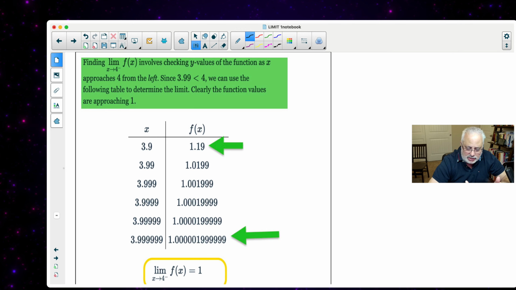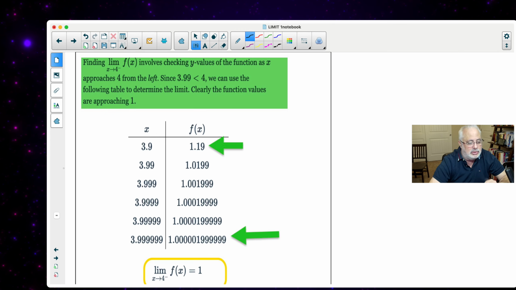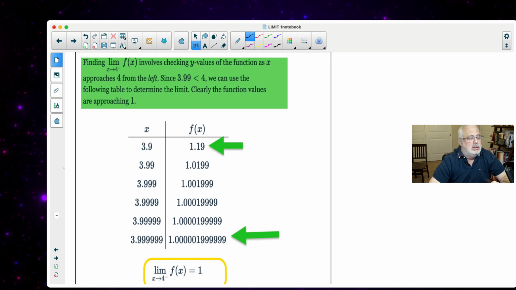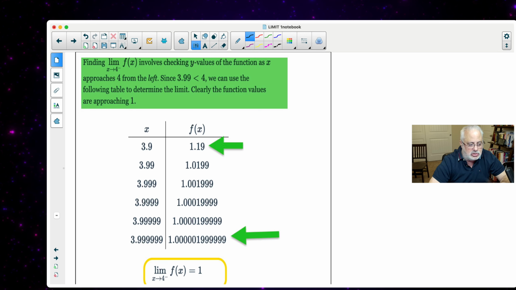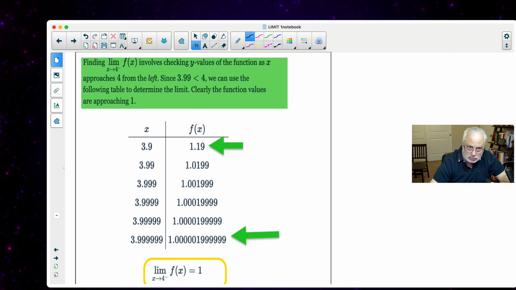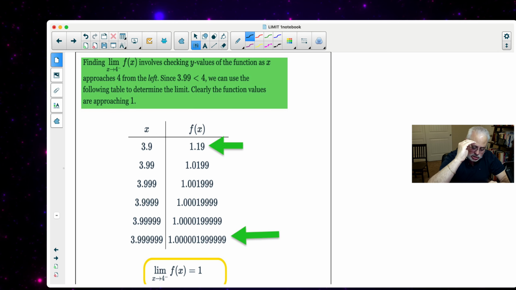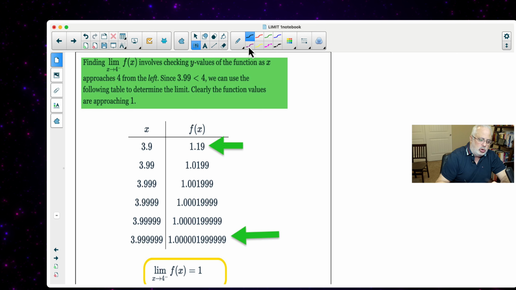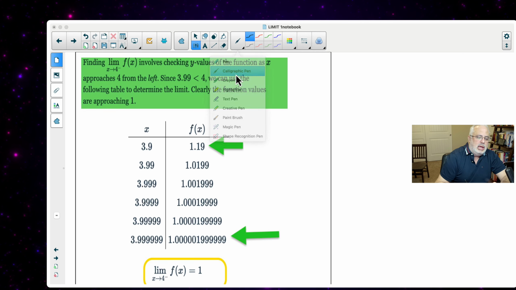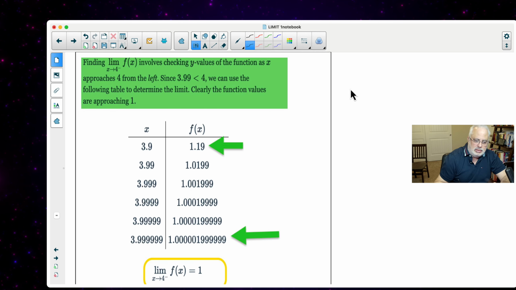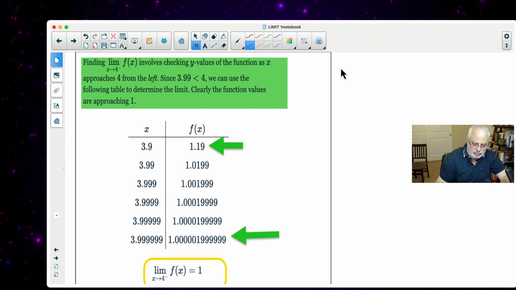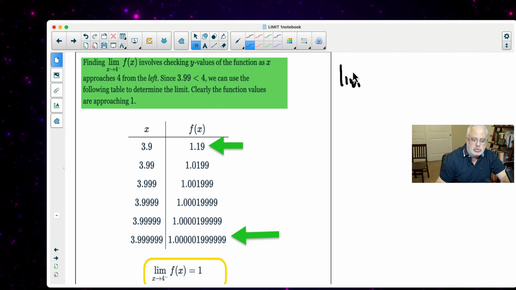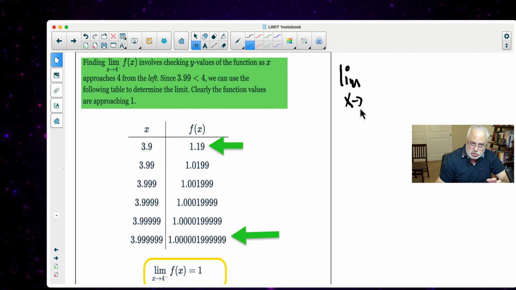I invite you to read these questions along with me. We have the following scenario: finding the limit of the function f when x is approaching 4, and you see a negative at the top, that means the left. So I'm going to help you with the notation first. If you're finding the limit, this is the structure for limit, and the x is approaching a certain value.